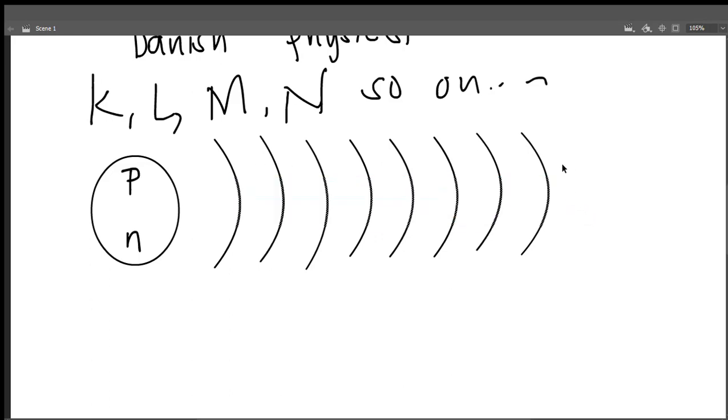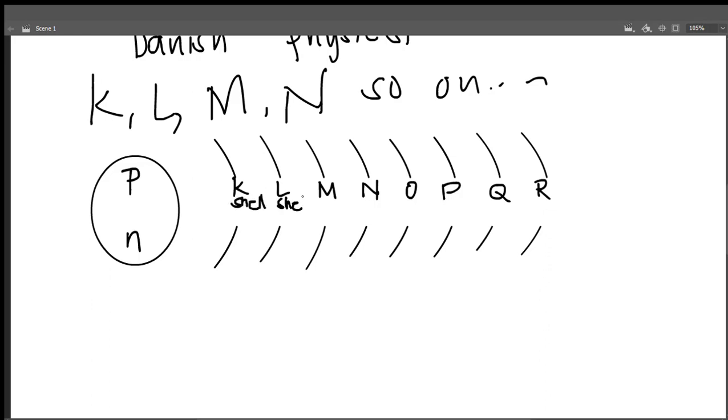Let's make a hole. Okay, so let us name them alphabetically: K, L, M, N, O, P, Q, R, and these are shells. They are all shells, and so on and so forth.